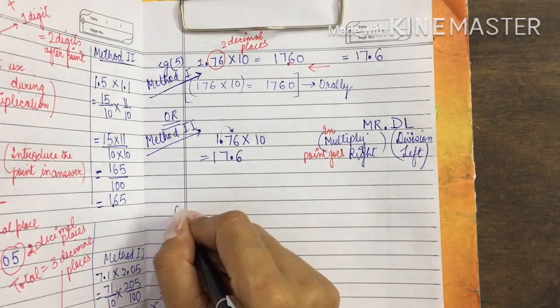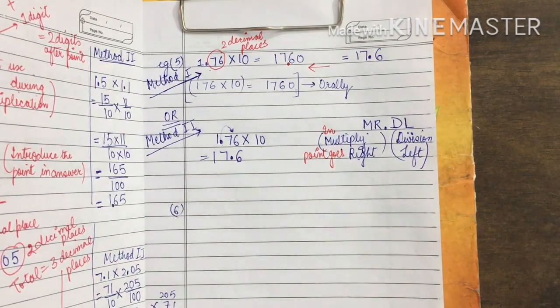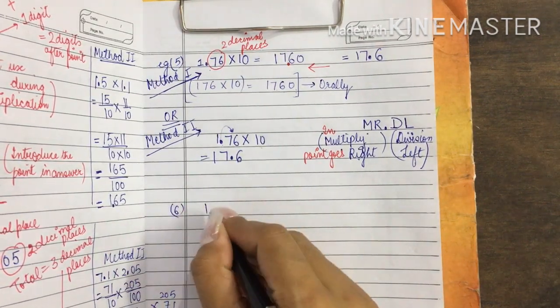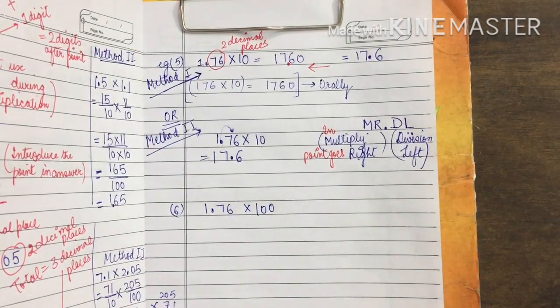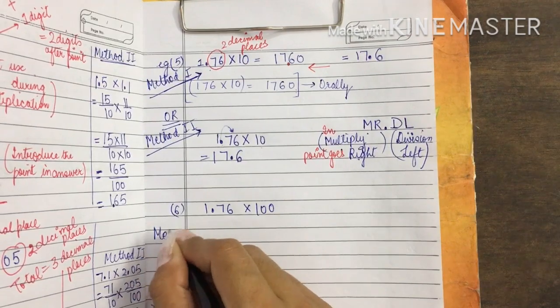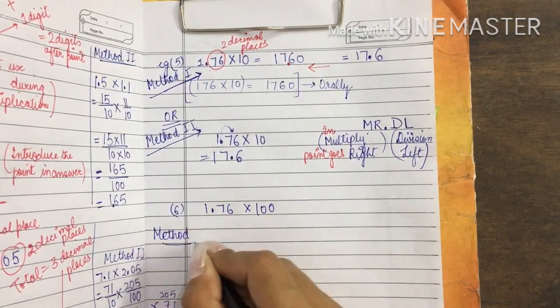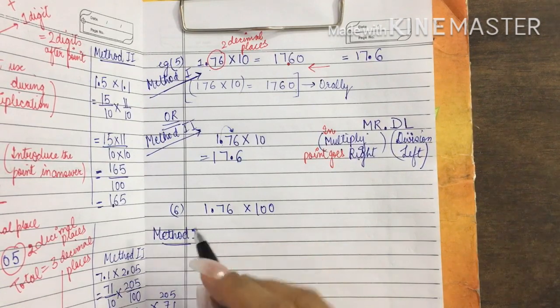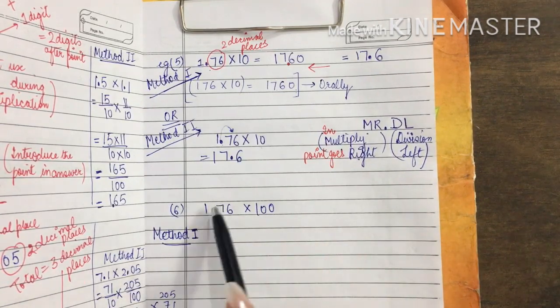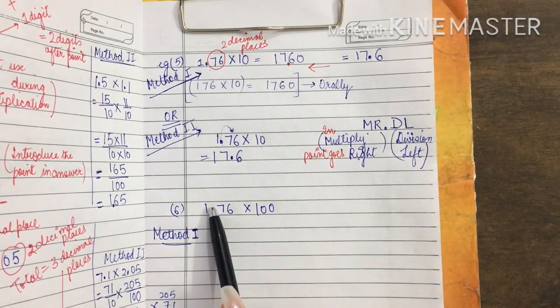Let's take one more example. Example number 6. Same number, 1.76 multiplied by 100. Now if I was using method 1, I would multiply them in my mind. Multiply these without the point. So if this point was not here, 176 into 100.